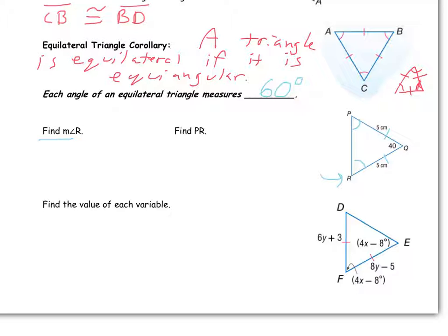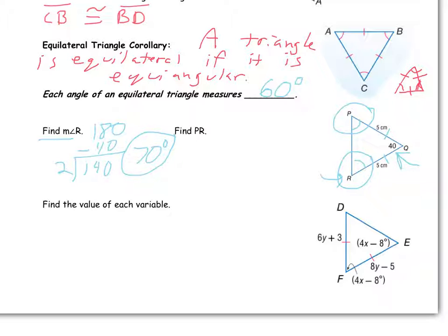I do know that the sum has to be 180, and one angle is already 40 degrees. So if I take 180 and subtract 40, I get 140. Between these two angles, they have to add up to 140, and they're equal to each other. So we divide 140 by 2, which is 70. That means angle R is 70 degrees.